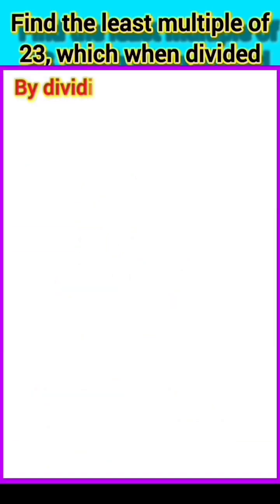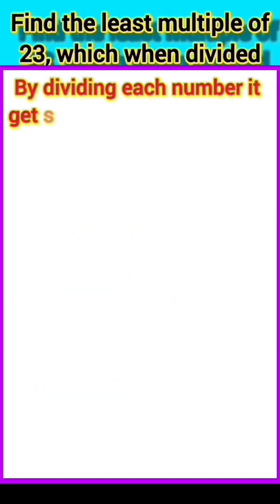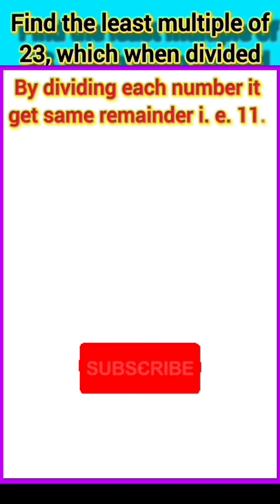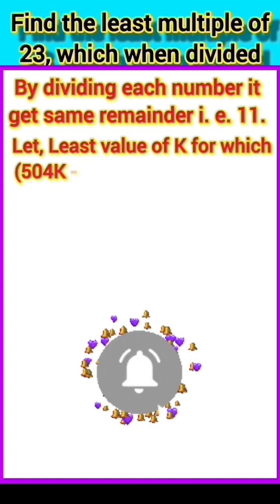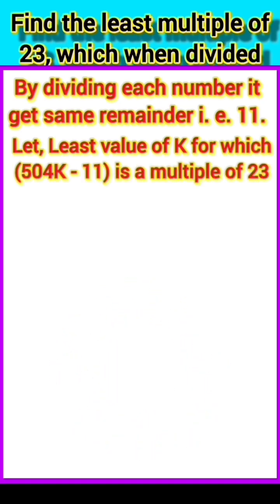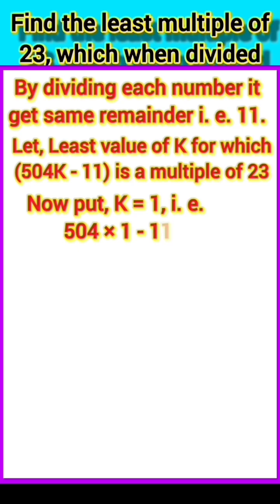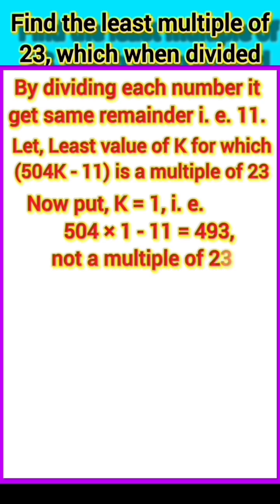By dividing each number we get the same remainder, that is 11. Let k be the least value for which 504 into k minus 11 is a multiple of 23. Now put k equal 1: 504 into 1 minus 11 equals 493, not a multiple of 23.